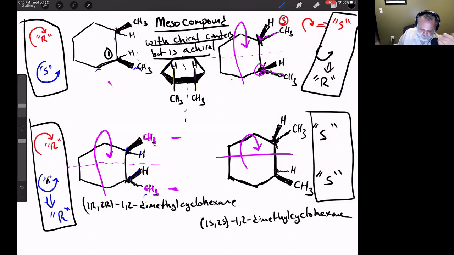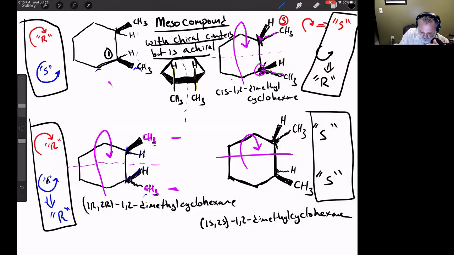And finally, we could say there's cis-1,2-dimethylcyclohexane. Because in this case, cis does do everything we need to do to describe the stereochemistry.